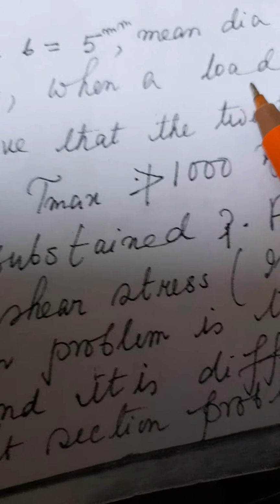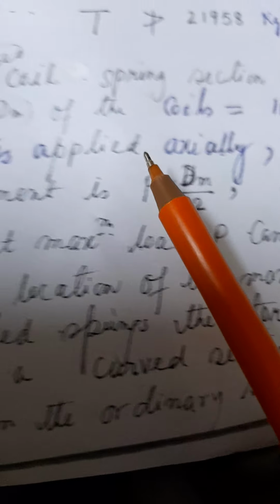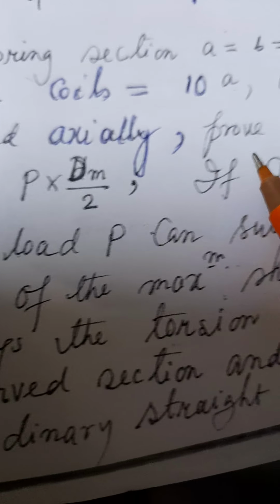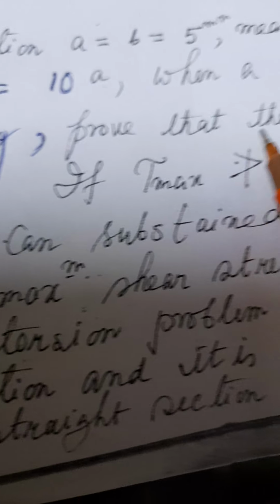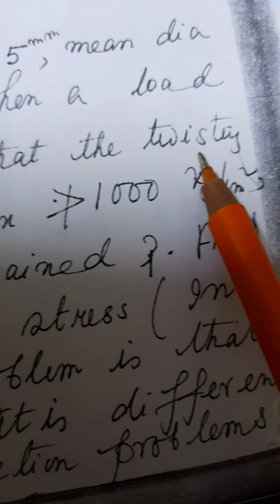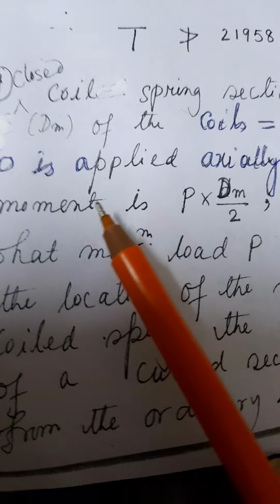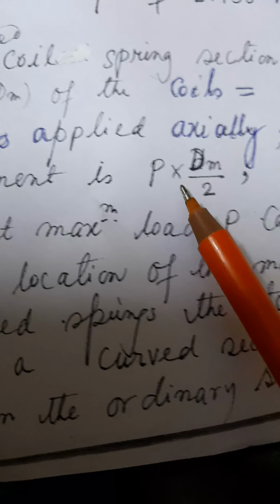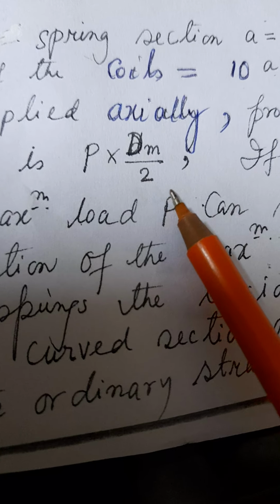When a load P is applied axially, prove that the twisting moment is P into dm by 2.